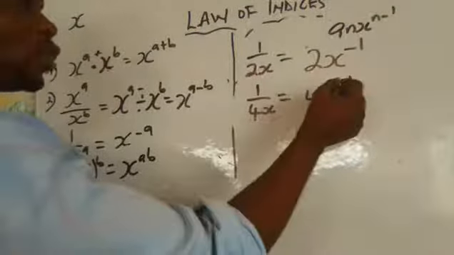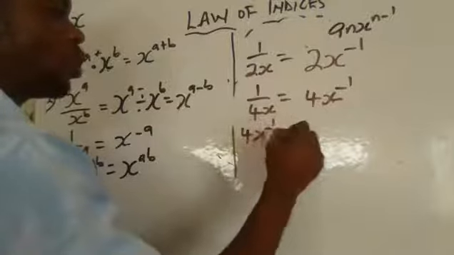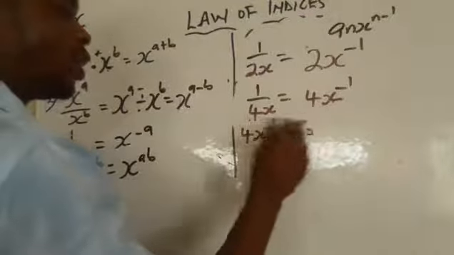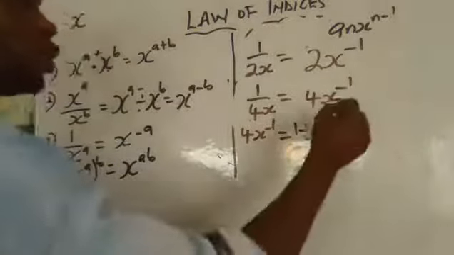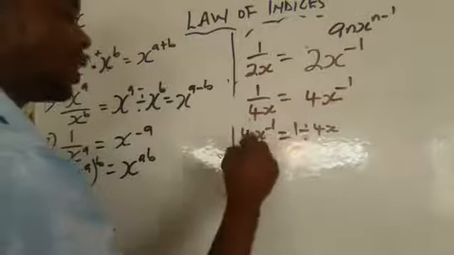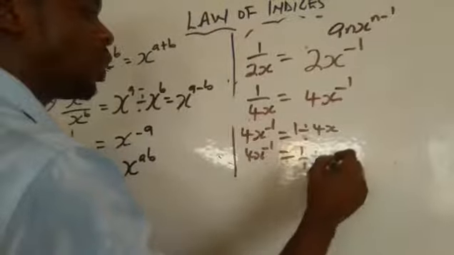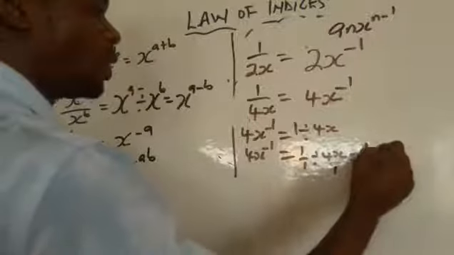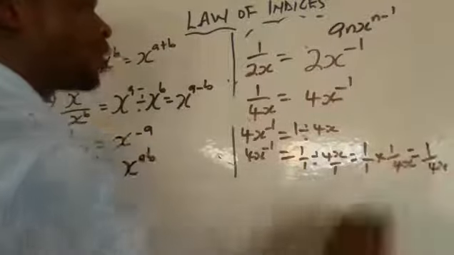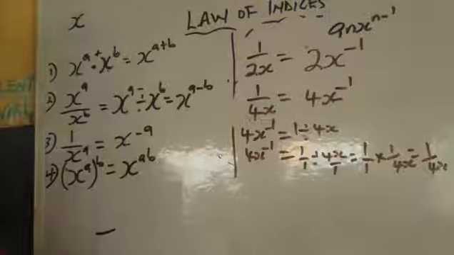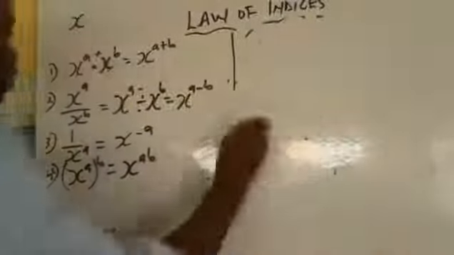If I want to convert it back, I can say 4x raised to power minus 1 equals, I write 1 division first, 4x raised to power 1. I don't need to write 1 because it's power 1. So 4x raised to power minus 1 equals 1 divided by 1 over 4x, equals 1 over 1 times 1 over 4x. So that will give me 1 over 4x. It's very simple. That's all. So that is what you do if you want to differentiate with that.